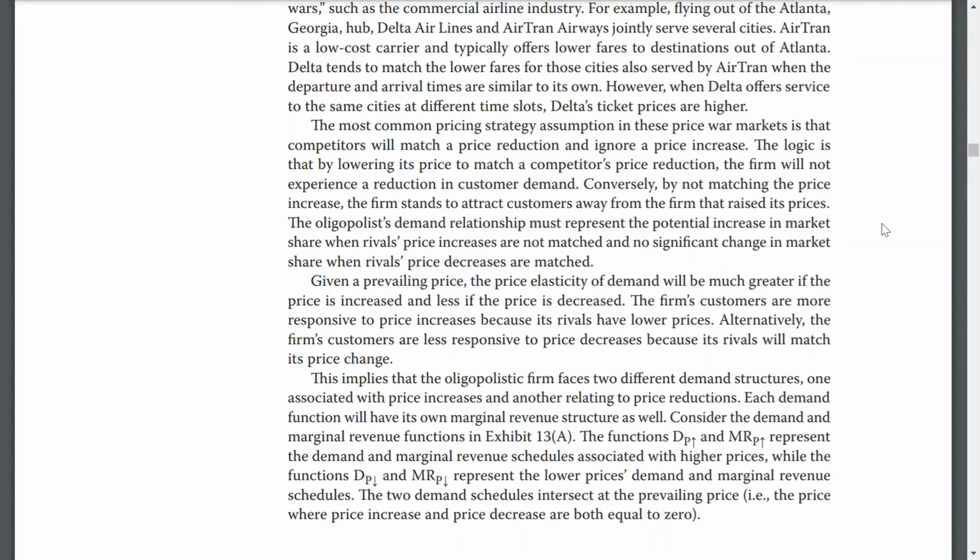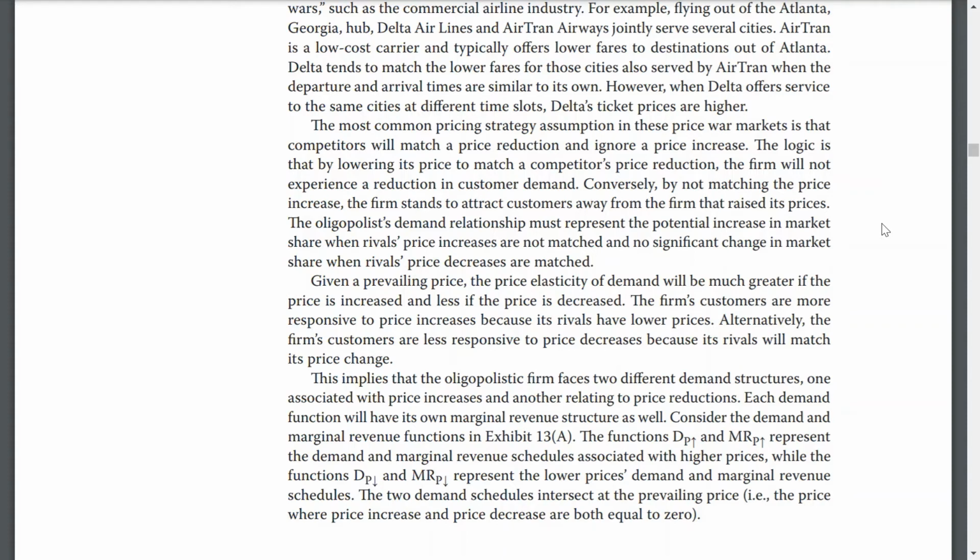Conversely, by not matching the price increase, the firm stands to attract consumers away from the firm that raised its price. The oligopolist demand relationship must represent the potential increase in market share when rival price increases are not matched, and no significant changes in market share when rivals' price decreases are matched.